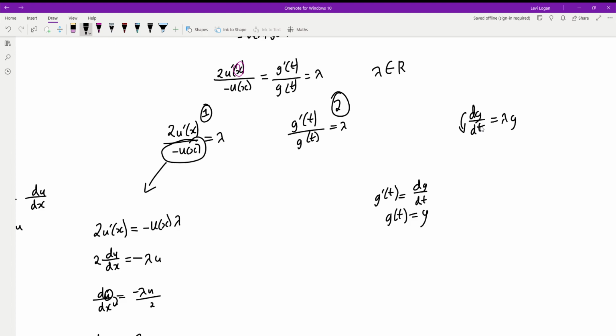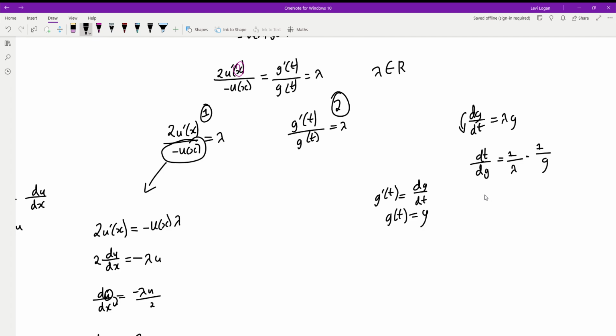But we don't have t here, we have g. G is a function of t. So all we're going to do now is switch this so we can integrate with respect to g. So we'll have dt over dg is equal to 1 over lambda multiplied by 1 over g.